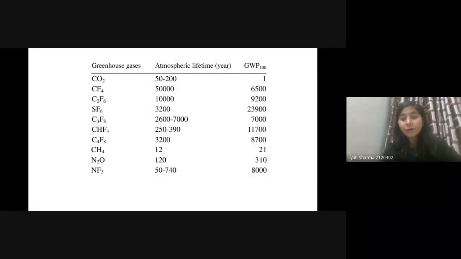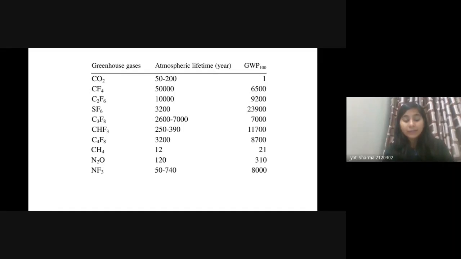For CF4, it is 6500 times, then C2F6. Can you see that SF6 is 23,900 times more powerful than CO2. So whenever we have a single molecule of SF6 in the atmosphere, that is how powerful it is in relation to carbon dioxide. So the answer should be SF6.